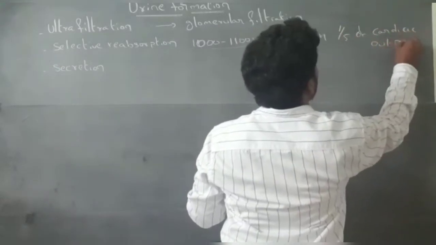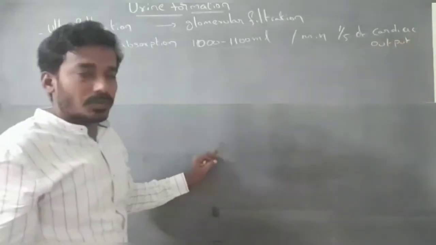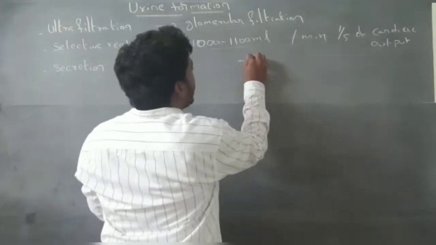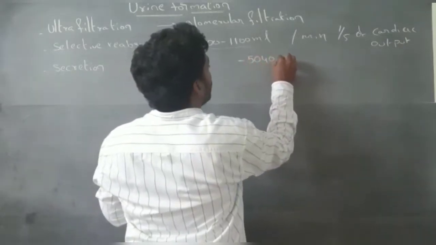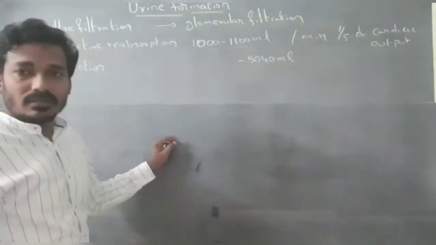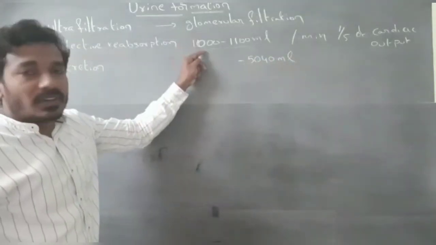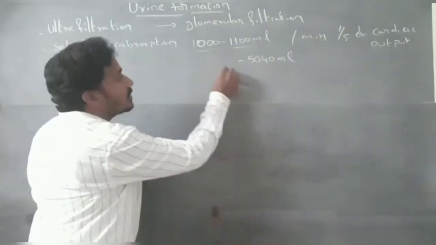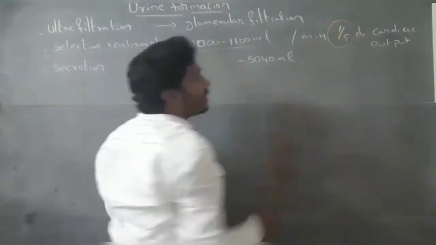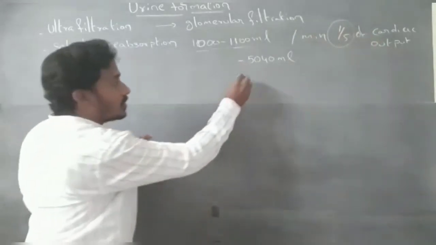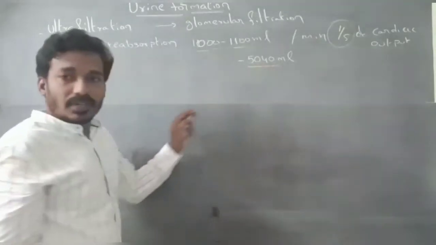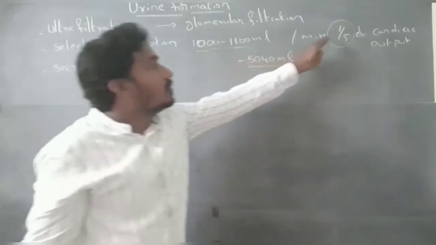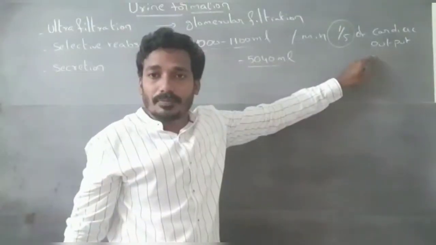With each cardiac output, the blood is pumped at about 5040 ml per minute in total. The glomerular filtrate per minute is 1000 to 1100 ml, so it is equal to 1/5 of the cardiac output.